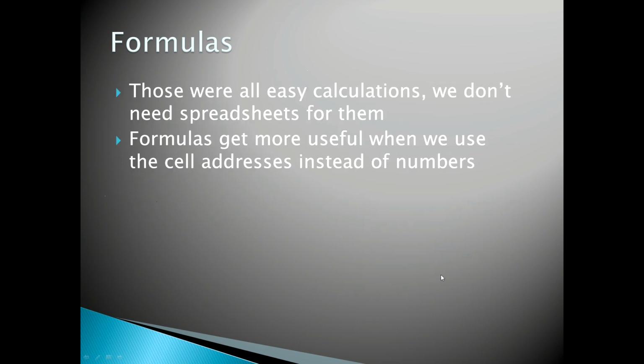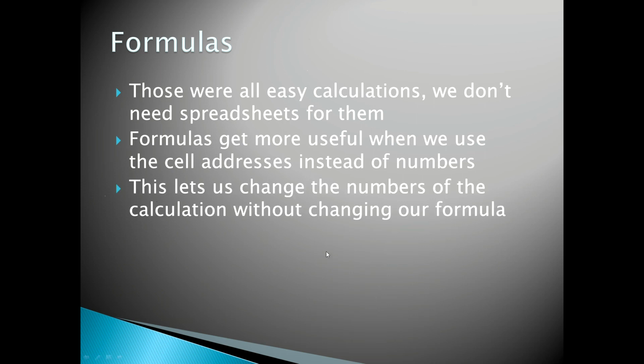Which is great, except those were all really easy sums, and you don't need a spreadsheet to do them for you. They get more useful when, instead of using the numbers, we use the cell addresses that we were looking at earlier. This lets us change the numbers of the calculation without changing the formula, by retyping information into the cells. So if we're working with money, as payrolls get updated, as somebody gets a pay rise, as expenses change, all those things can happen automatically and calculate new totals for us without us having to do it all over again, and it's going to save people lots of time and make their lives a lot easier.